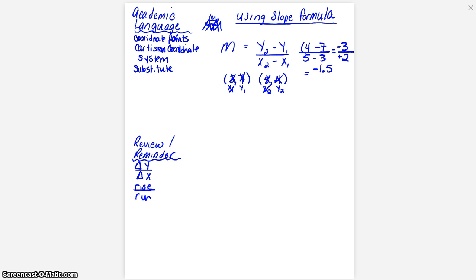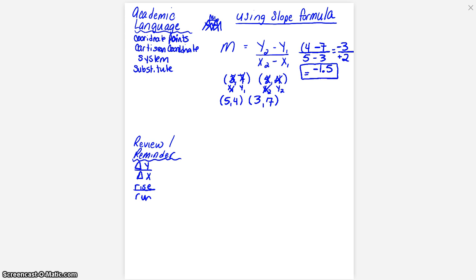Now, I want to do this all again, but I want to switch my points around to show you that no matter which x or y I choose first, I'm going to get the same slope. So let's write our points down again, but this time I'm going to start with the point 5, 4, and then I'm going to be given the point 3, 7.